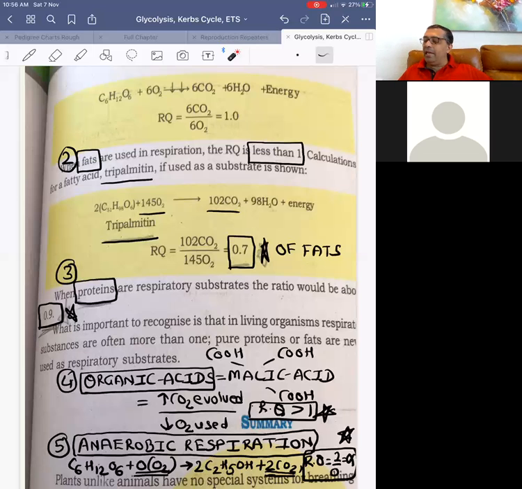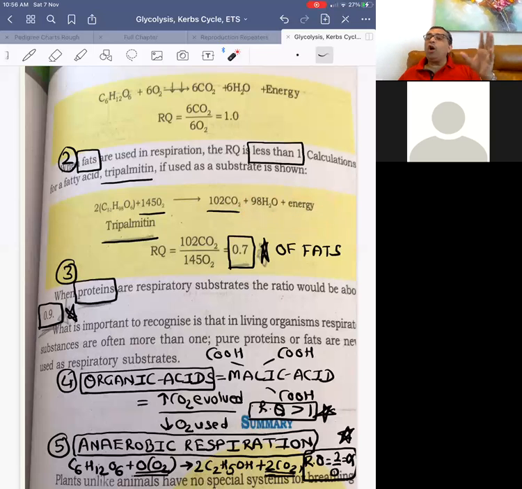Chemically, tripalmitine is C51H98O6. It uses 145 molecules of oxygen and evolves 102 molecules of carbon dioxide plus 98 water plus energy.